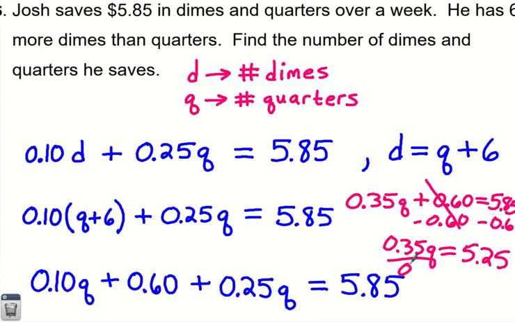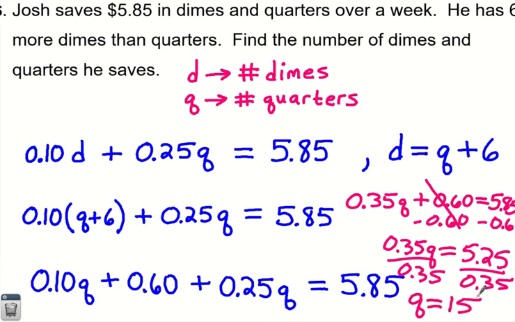And then our final step is to divide both sides by 0.35. Calculator time: 5.25 divided by 0.35. So the number of quarters, Q, is 15.